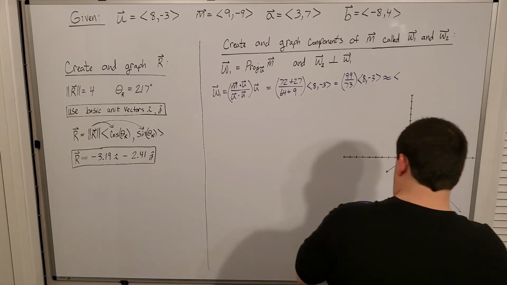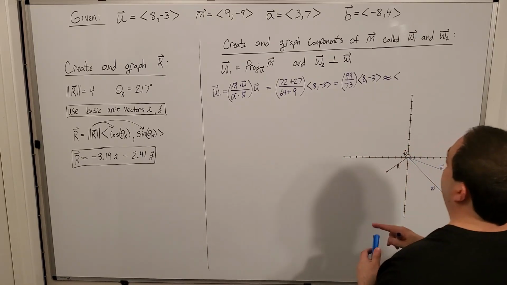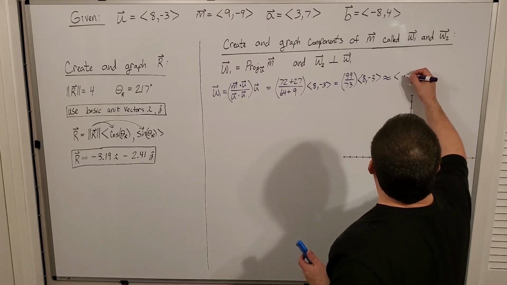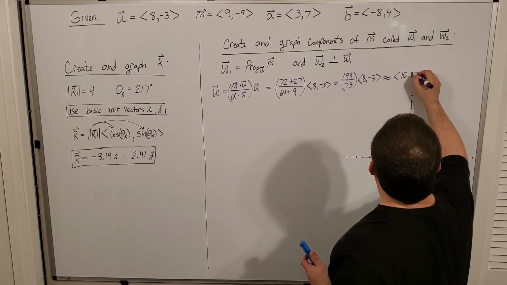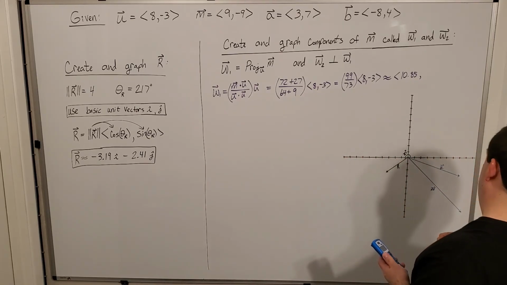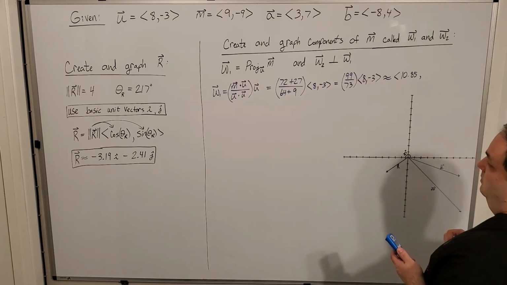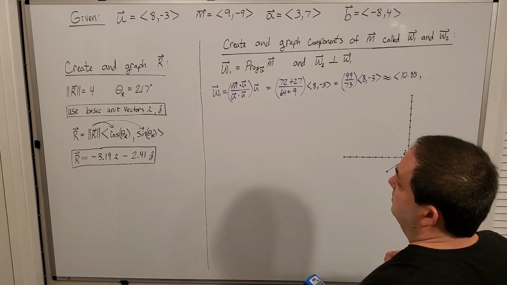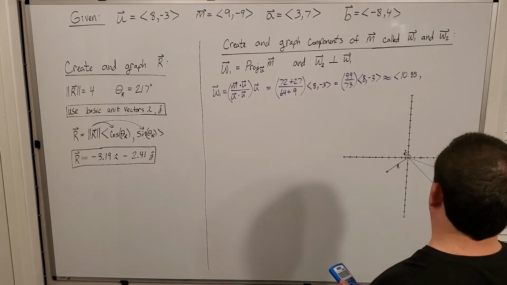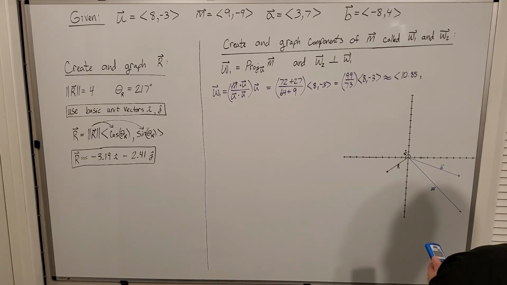I've got 99 over 73 times 8. So I have 10.85, comma, that doesn't seem right, does it? Oh yeah, it does.